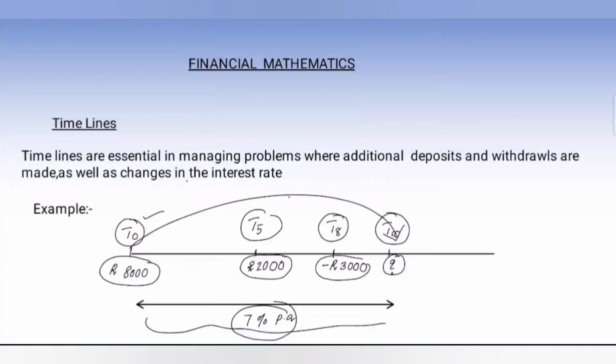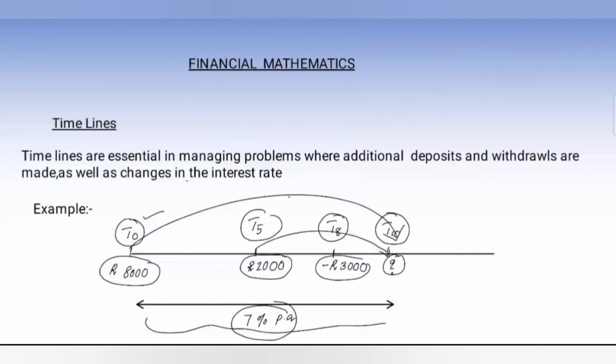So you use the compound interest formula for 8,000 for 10 years. Clear? Now go to 2,000. From 2,000, how many years left? 5 years, because you deposit 2,000 after 5 years. Altogether 10 years, so from 2,000 you have 5 years of time left.